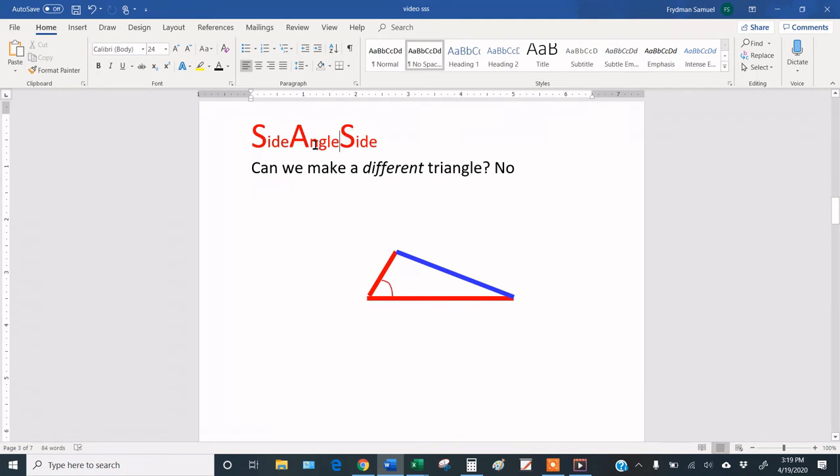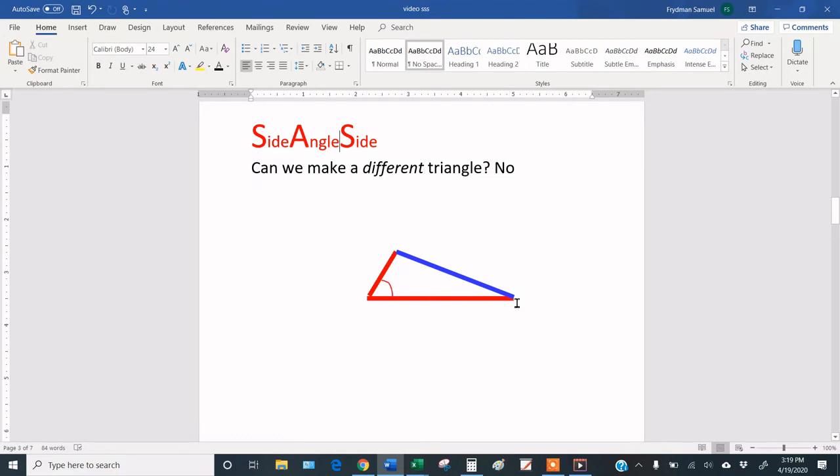For SAS, the locked angle was in between the two locked sides. If you look at the picture here, this angle, which is locked, is between this locked side and this other locked side.